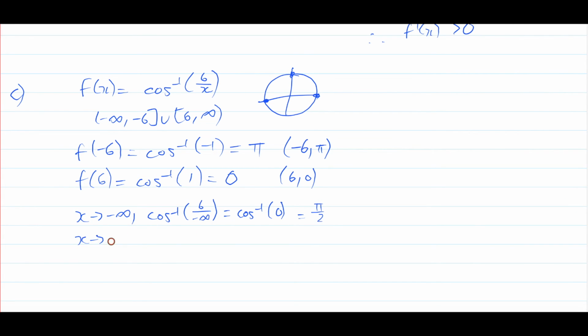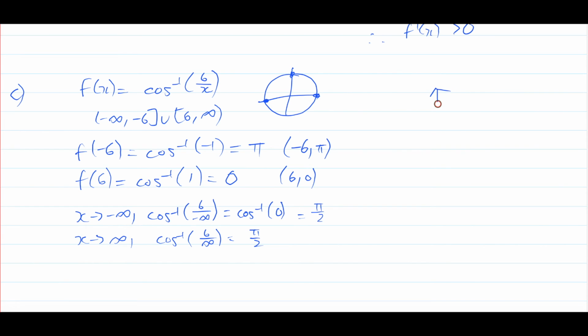Same thing with x approaching infinity. You get cos inverse of 6 divided by infinity, which is very close to 0. So that is also pi on 2. So this pi on 2 is actually your asymptote, because you'll never get 0; the denominator is approaching infinity, so it will be very close to pi on 2.